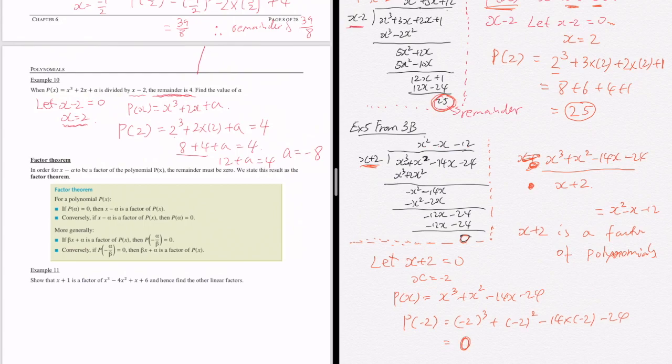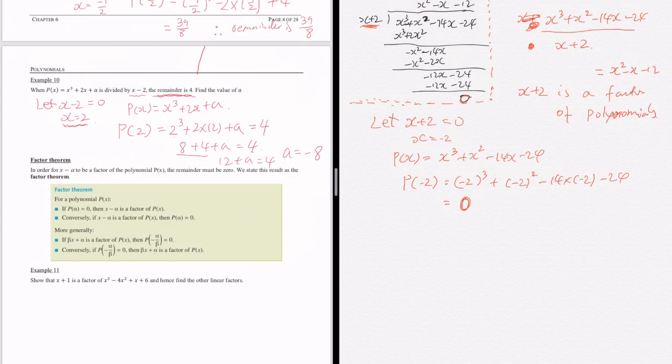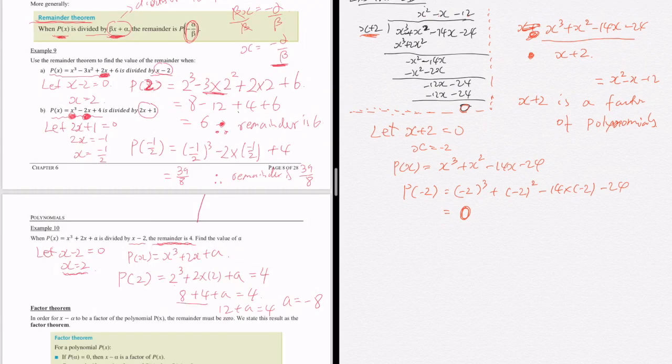Now if you have a look at my booklet on my left hand side, this is actually my factor theorem. So now let's compare the remainder theorem and the factor theorem. Let me write the remainder theorem over here again.